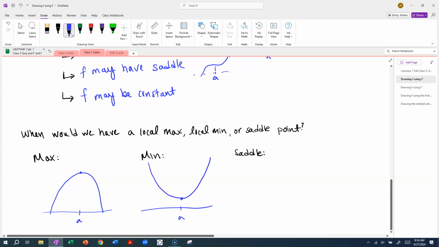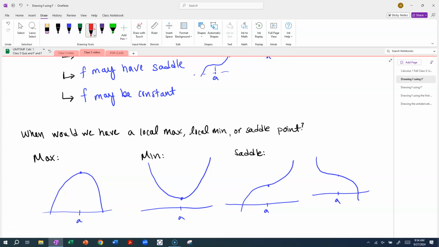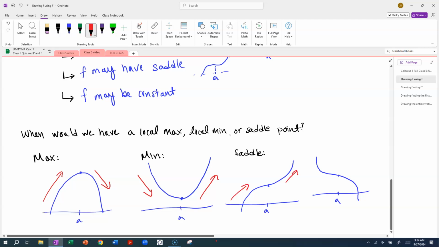And then saddle would go something like this or something like this. Let me just get these sketches going. Okay, then what we would see is that for a maximum, on the left side of A we would have it increasing, and then it would switch to decreasing. Minimum, decreasing to increasing. Saddle, as we mentioned, increasing to increasing or decreasing to decreasing. But again, it would have to stop in between.